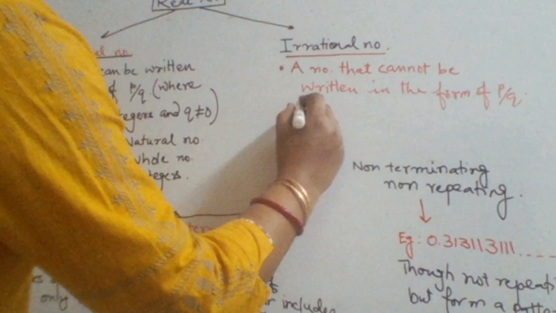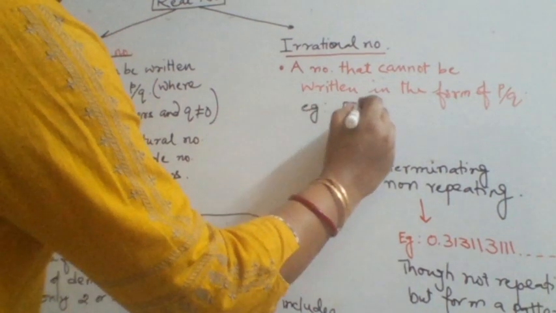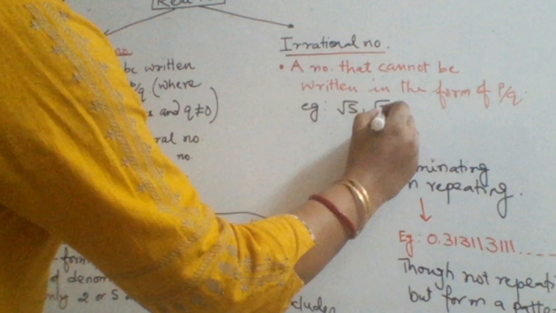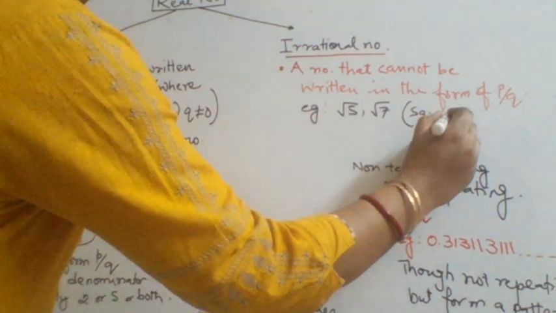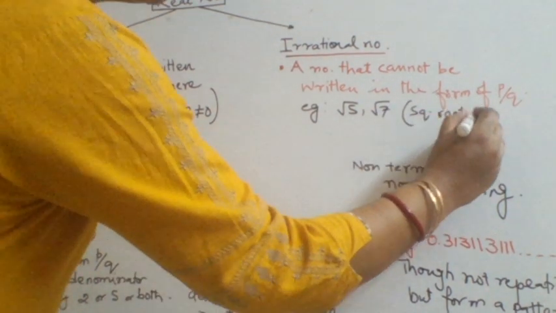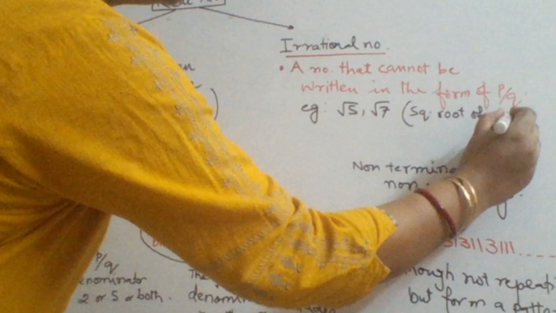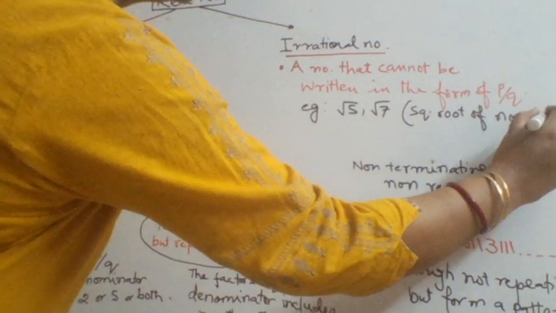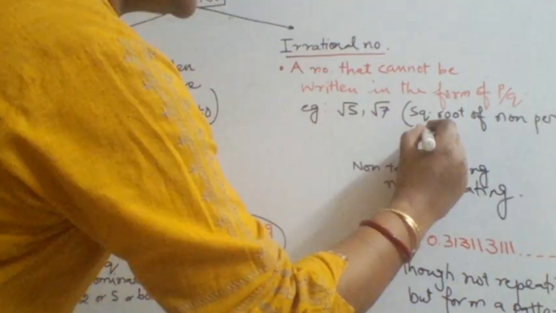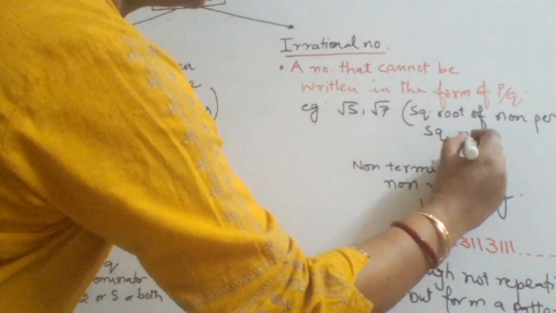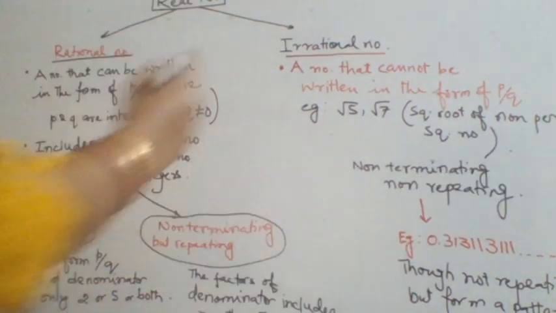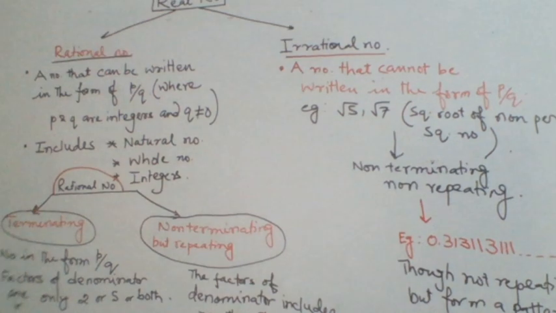For example, root 5, root 7, that is the square root of non-perfect square numbers. This is your irrational number, and we are talking about the non-terminating, non-repeating decimal.